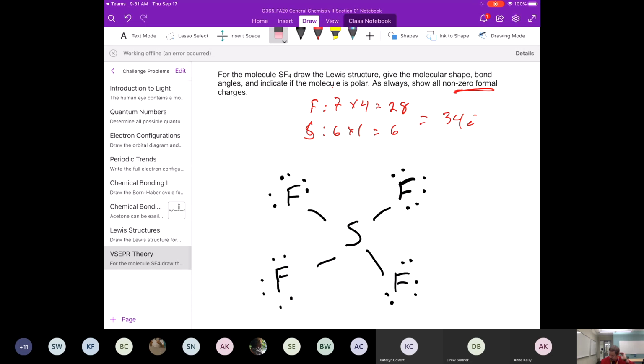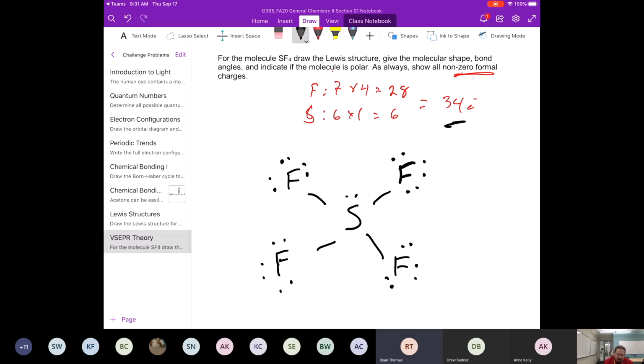So we're showing 32 electrons in this case. We need 2 more because we have 34. So those last electrons go where? On the sulfur. Any extra electrons that we have go on the central atom.